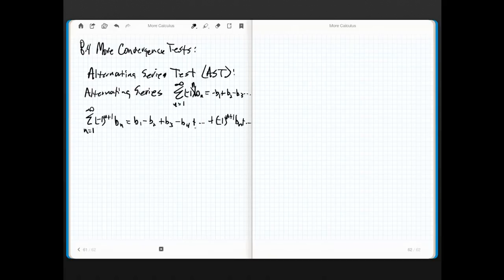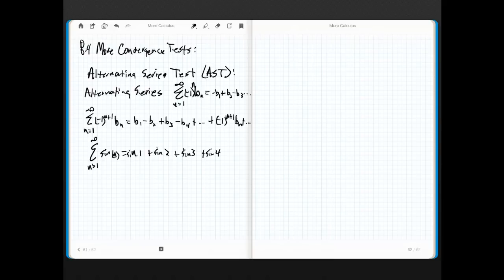You have to be real careful with that, because students will look at a series that changes signs like a sine. How about this? The sum as n goes from 1 to infinity of sine of n. This would be sine of 1 plus the sine of 2 plus the sine of 3 plus the sine of 4.